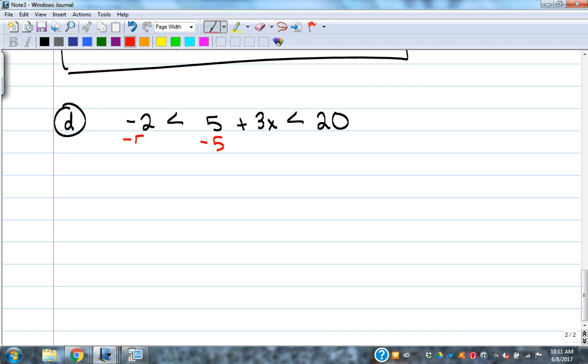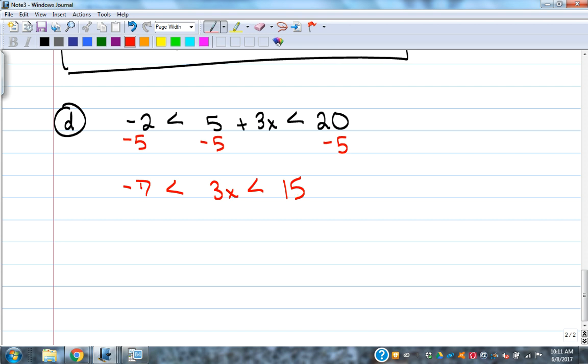So I've got to subtract 5 on the end down here and subtract 5 on that end on the right side as well. So that's going to get me -7 on this side. 3x is left in the middle. And then 20 minus 5 be 15 on that side.